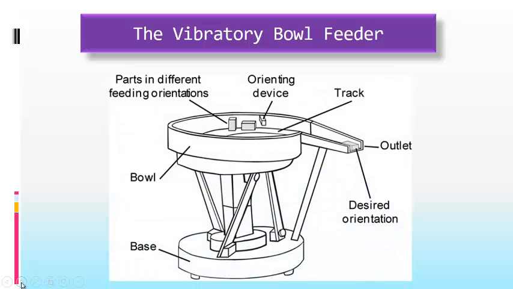Here is the bowl feeder, and as you see, on the top of it there is an orientating device which lets only one orientation of the parts move on; the other orientations will be removed and come down into the bowl. There is an outlet which lets the component come out in the desired orientation.